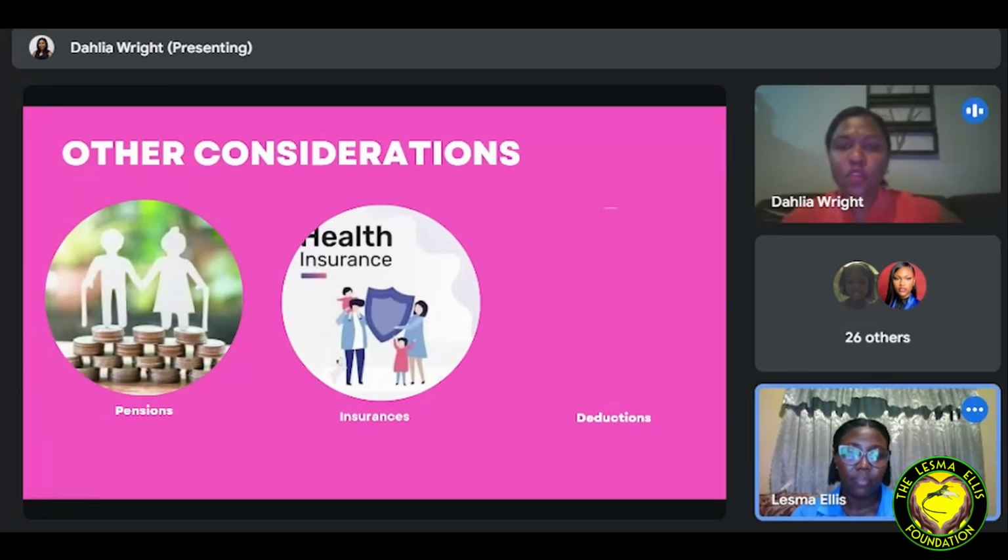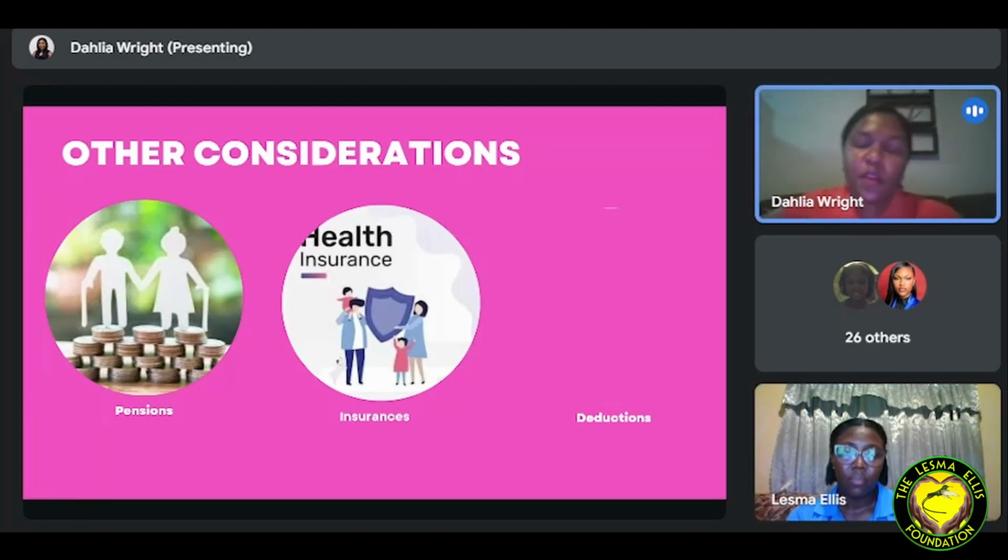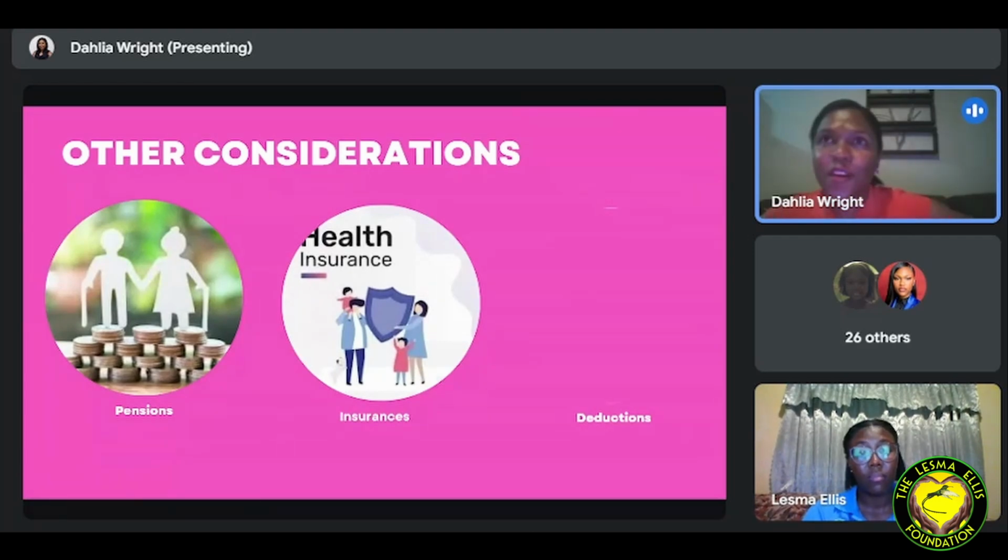Okay. So the other considerations are things that are coming out of your payslip, which includes your insurance. A lot of companies have health insurance that comes out. Make sure it's the correct amount that's coming out every month, or sometimes they forget to take it out and then you'll have to double up a month later.